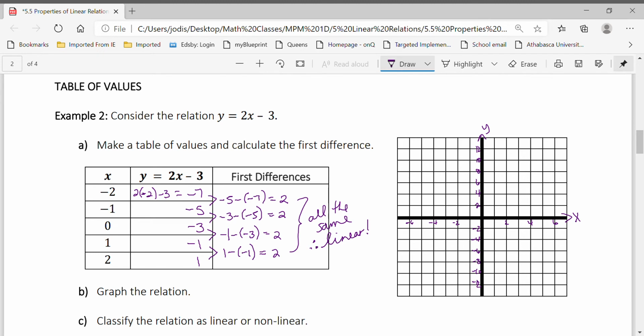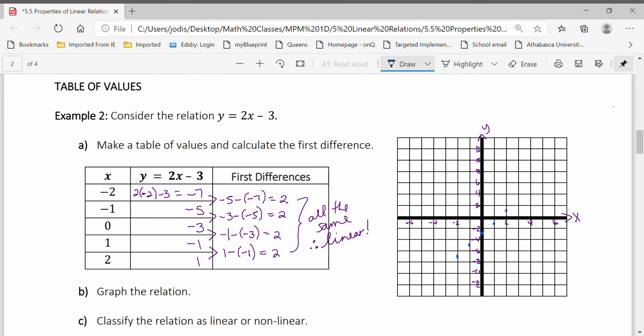Okay, so when x is negative 2, y is negative 7; negative 1, negative 5; 0, negative 3; 1, negative 1; and 2, 1.